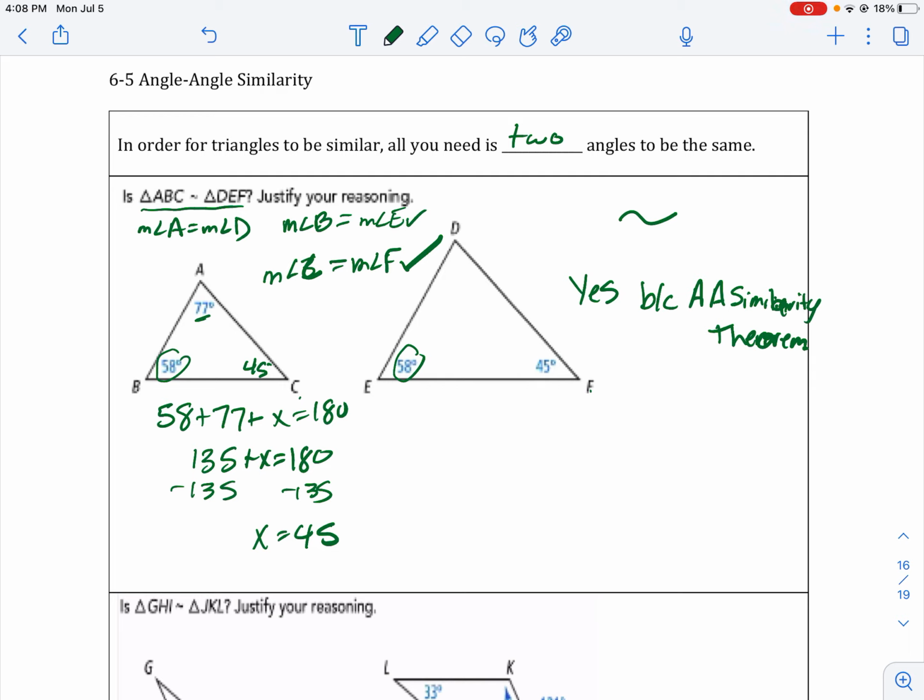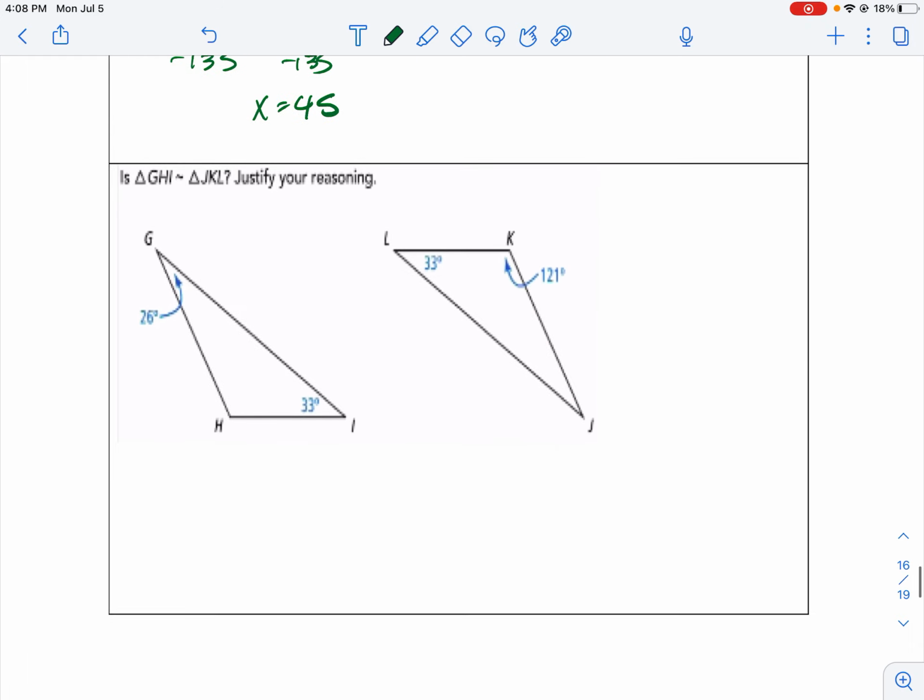Because two angles are equal in the triangles, that means that angle D has to be 77 degrees.